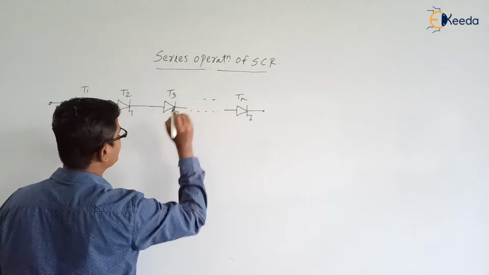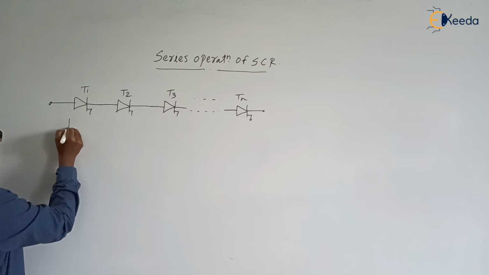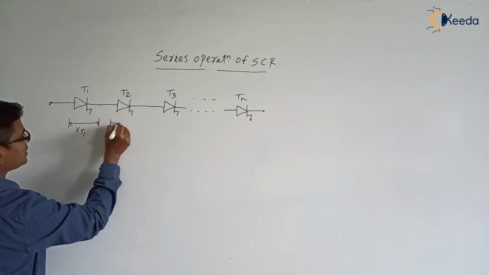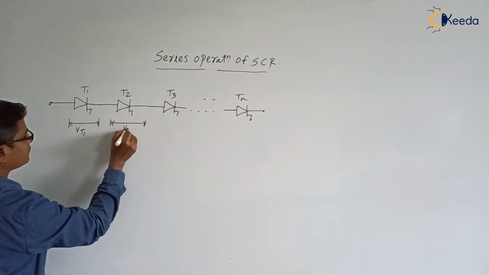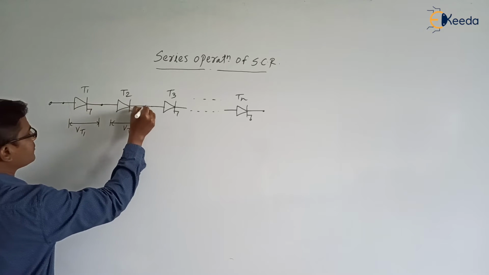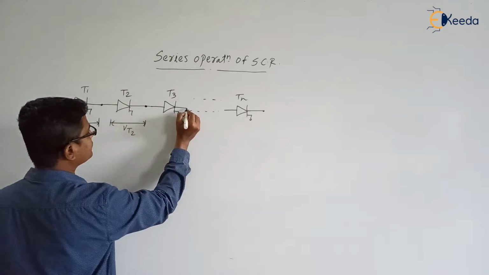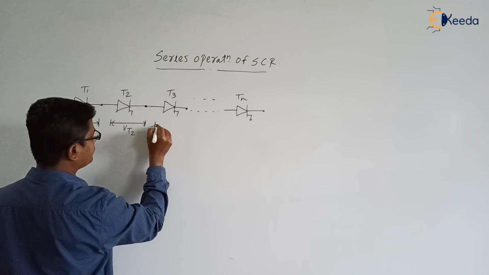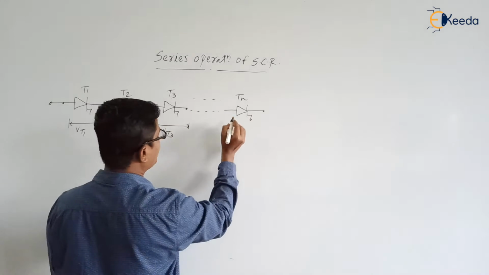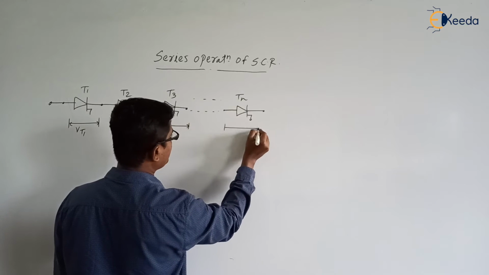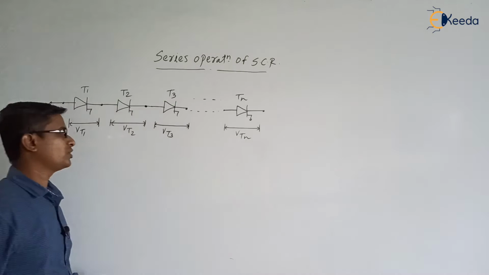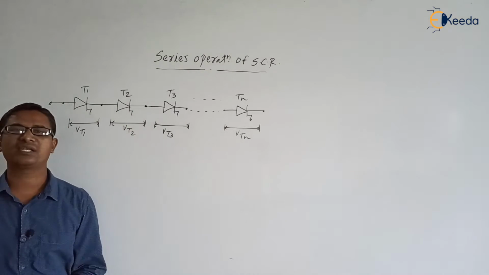Next, the voltage across thyristor T1 is Vt1, the voltage across T2 is Vt2, the voltage across T3 is Vt3, and the voltage across Tn is Vtn. So here we have n number of SCRs connected in series.